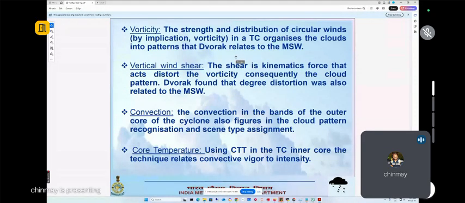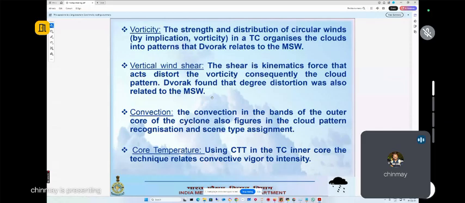Wind shear is the difference between the wind speeds at two different levels, a higher level and a lower level. The shear is a kinematic force that acts to distort the vorticity. If there is high vertical wind shear, it is bad for the vertical development of a cyclone. If the wind shear is low, then the cyclone is likely to intensify further.